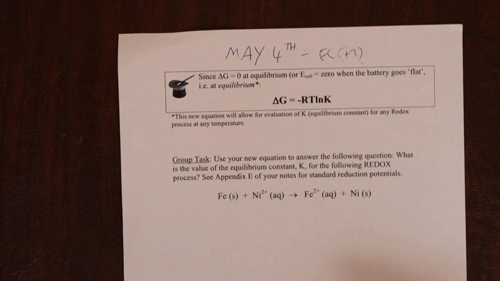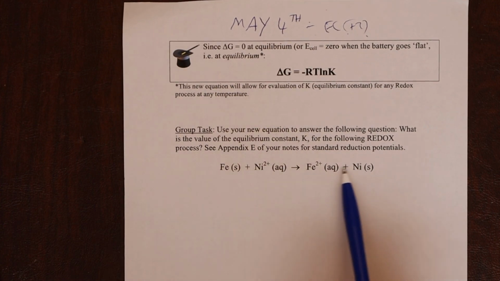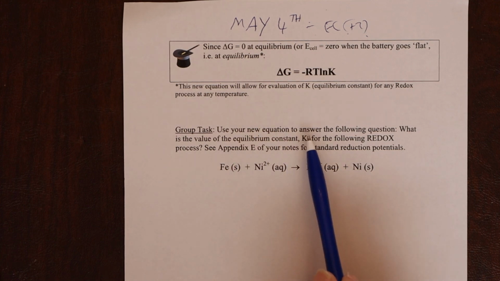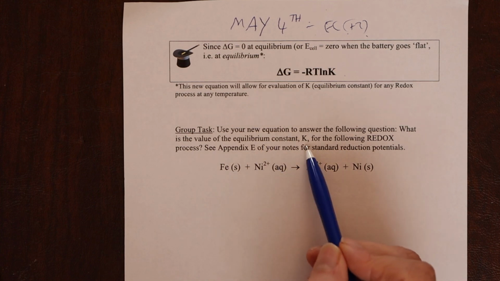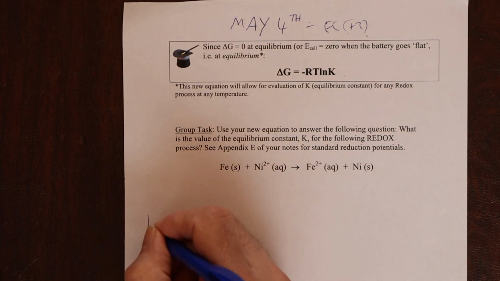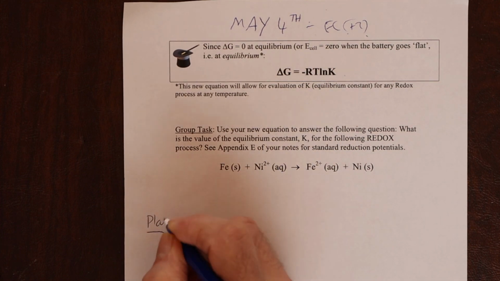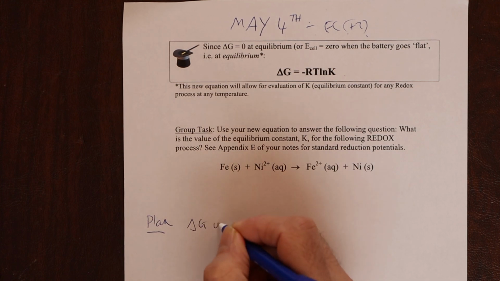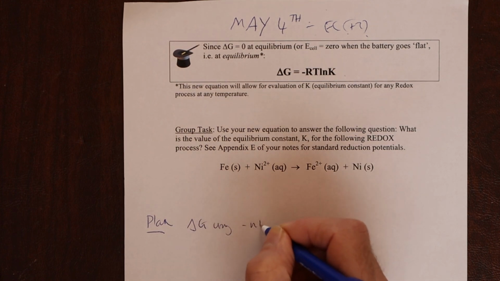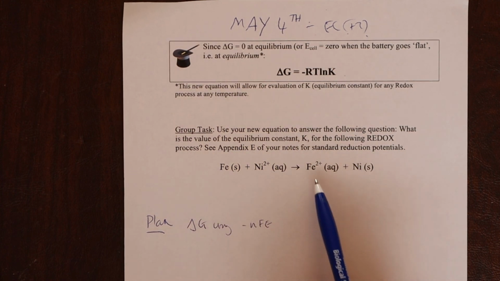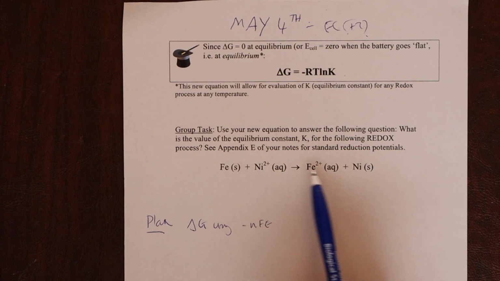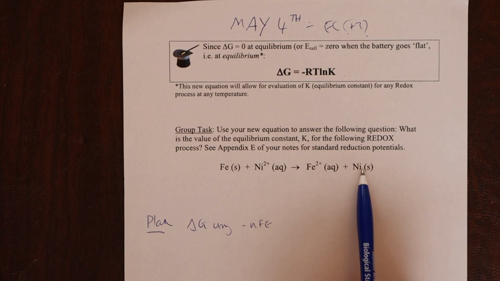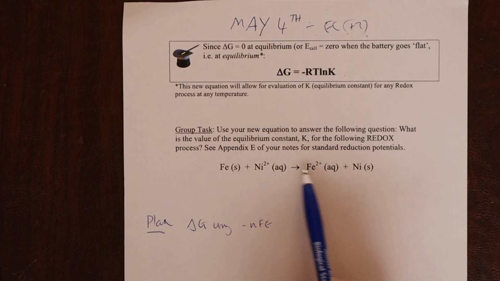Now here's the plan. Look at this equation here. Use your new equation to answer the following question: what is the value of the equilibrium constant? You can find delta G using minus nFE. n will be 2, for the nickel, iron 2 and 0 system.